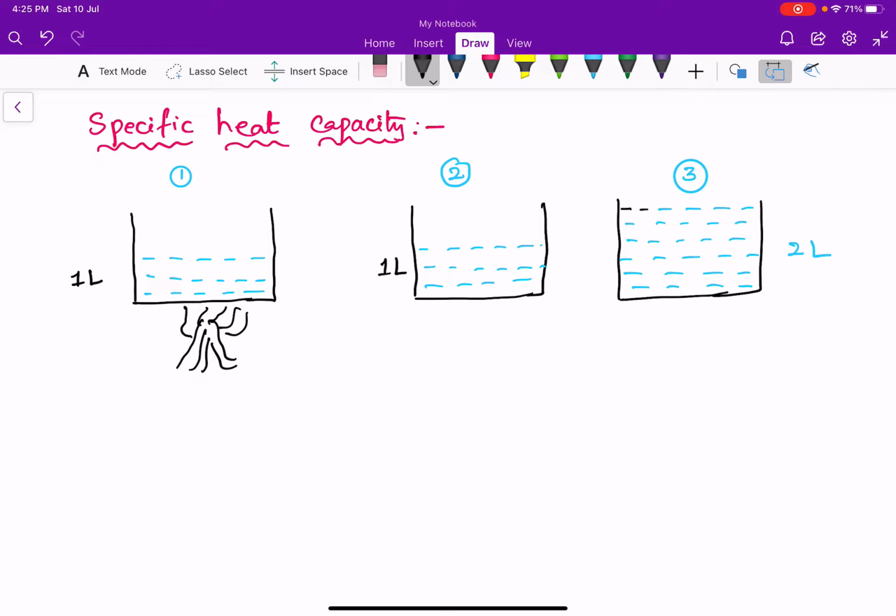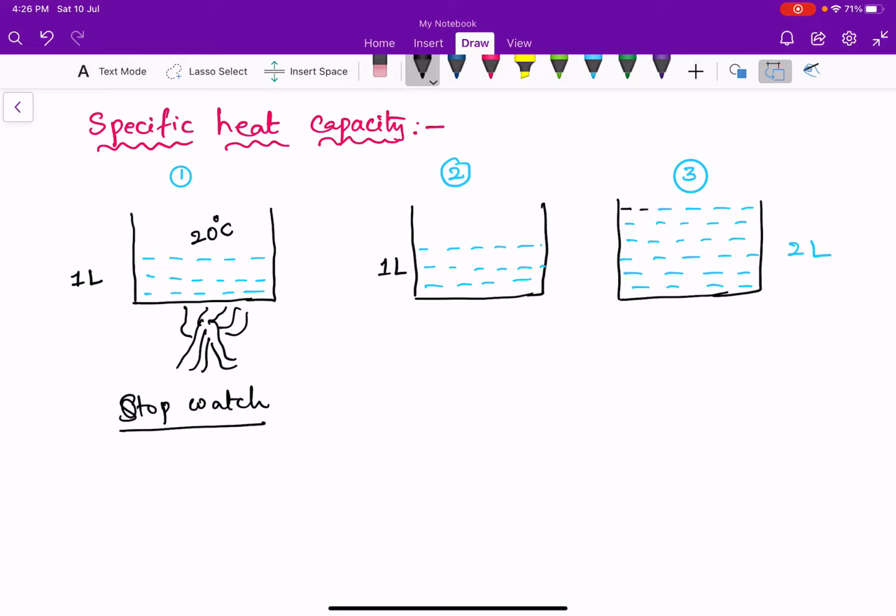Suppose I take a stopwatch. Let us take the reading on the stopwatch. Consider the temperature is raised by 20 degrees Celsius.